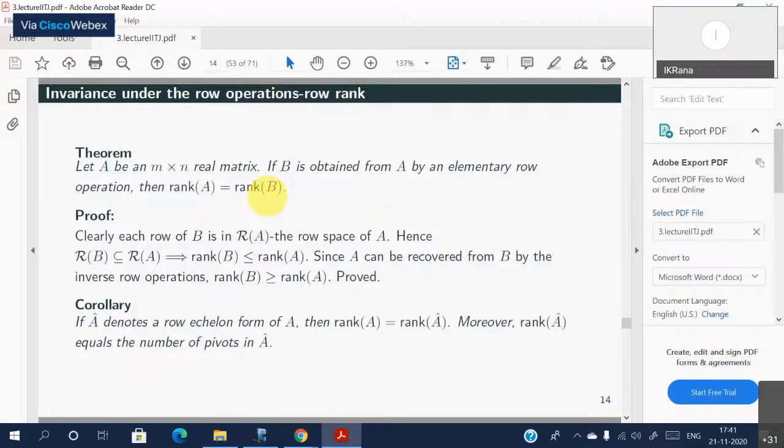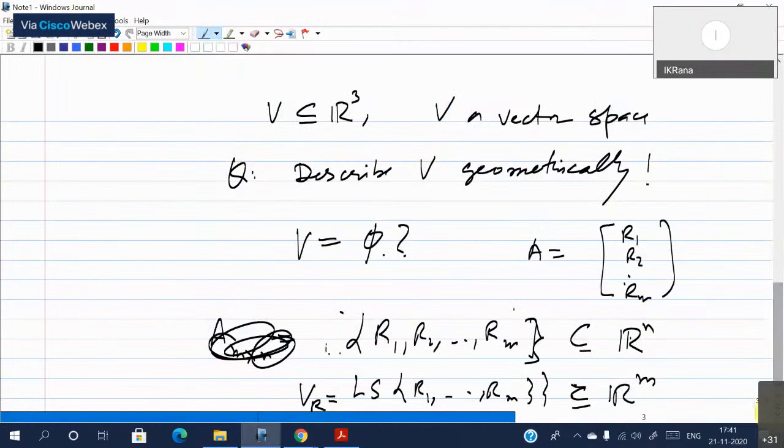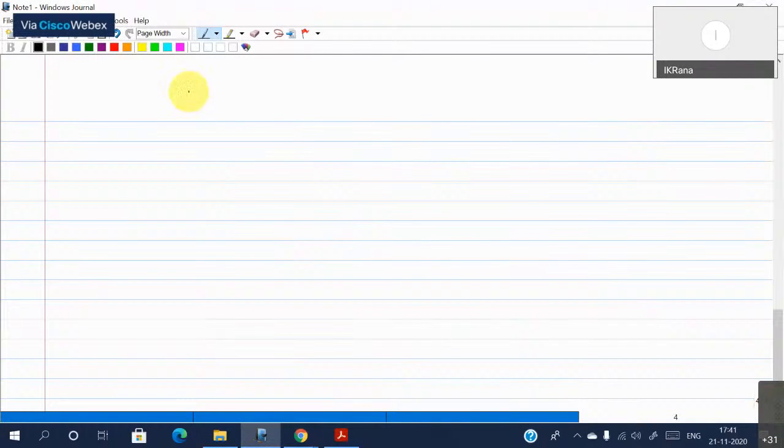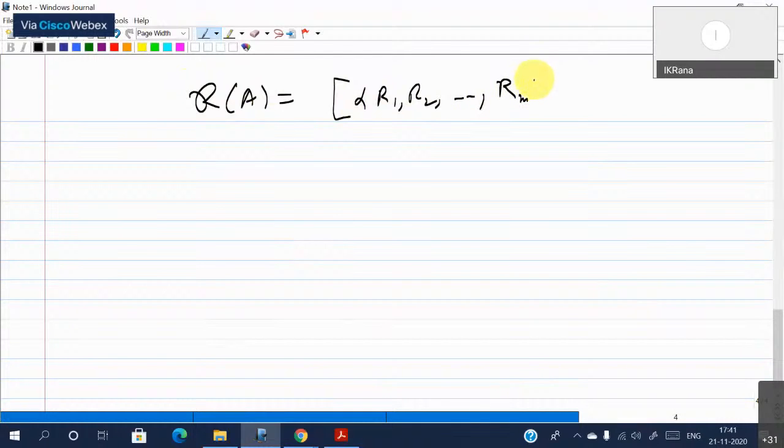So let me just write what we are saying. The row space of A is the span of the row vectors. So let me call them R1, R2, up to Rm. So if I make a row operation on A, what will I be doing?